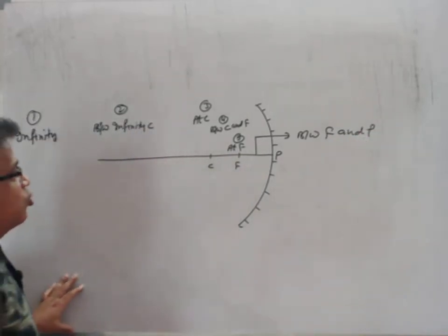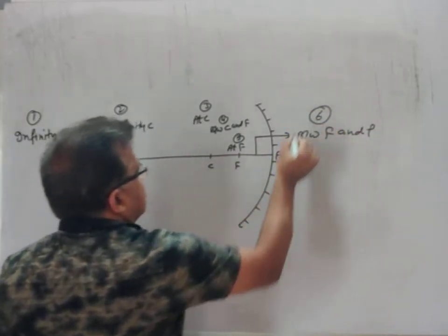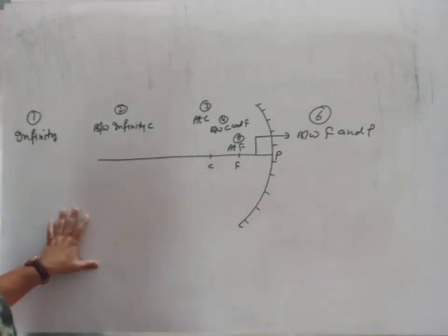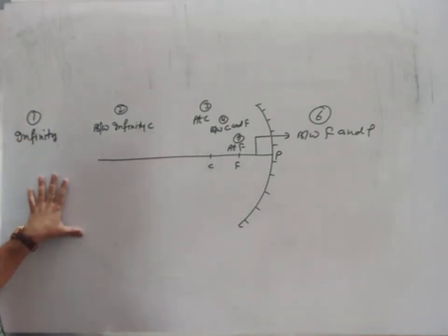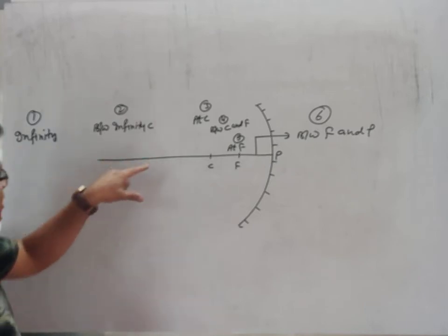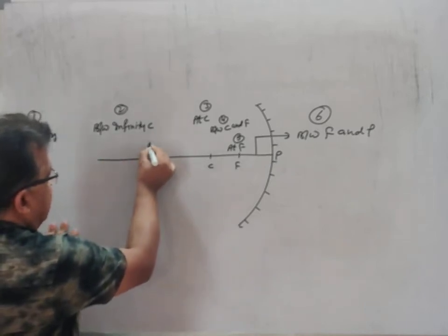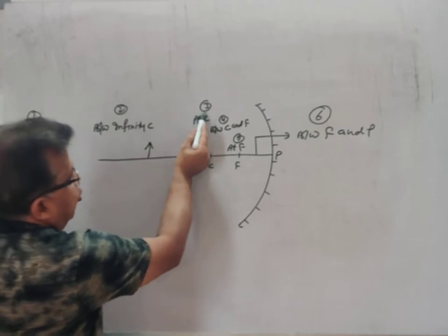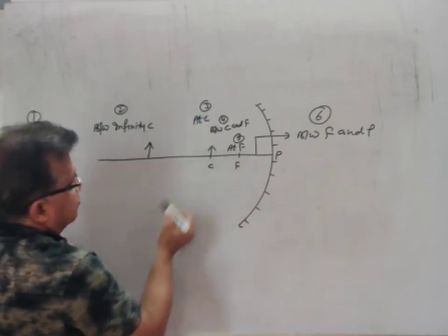So these are the total 6 conditions where anyone can ask to draw the ray diagram: when object is at infinity or between infinity and C, here anywhere we shall place the object like here. When object is at C, that is here.